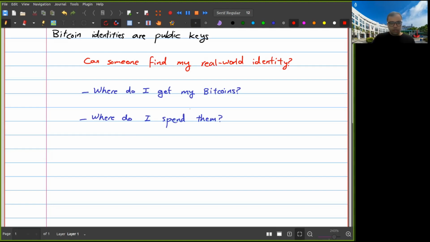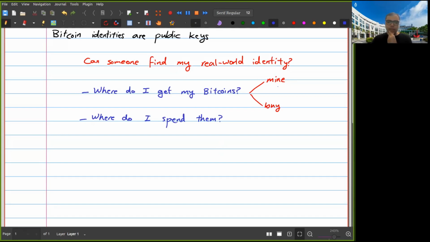For the first one, imagine that you don't have any Bitcoins, or again, instead of Bitcoin, you can think of any other cryptocurrency. And let's say that you want to obtain some. There are basically two ways, right? You can either mine or you can buy it from someone. Now, if you mine, your identity is safe, right?